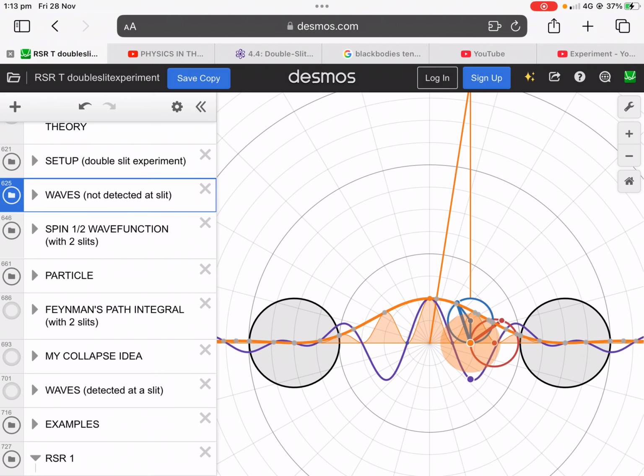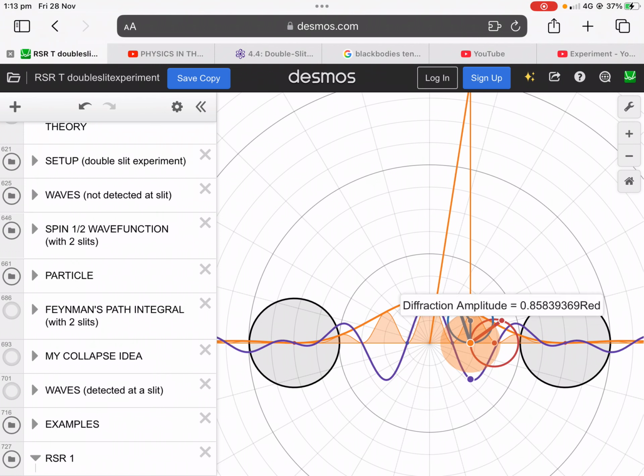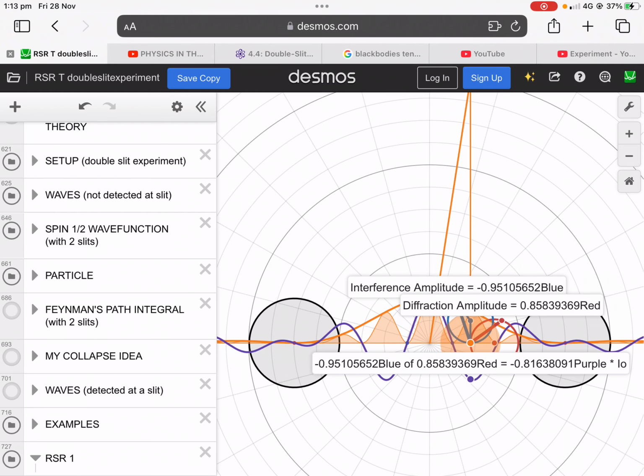That's squared, that one. But all you do is the calculation is simply take that one and that one, multiply them together, and then square it, and that gives you the probability of detecting a photon there, which is about 66%.